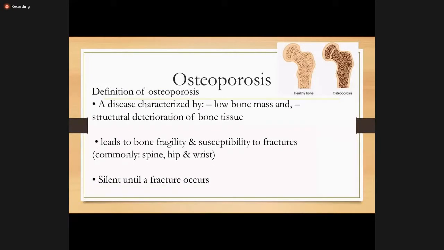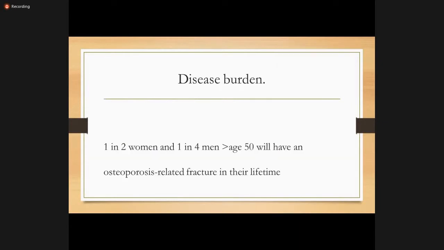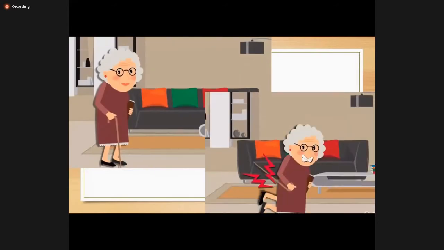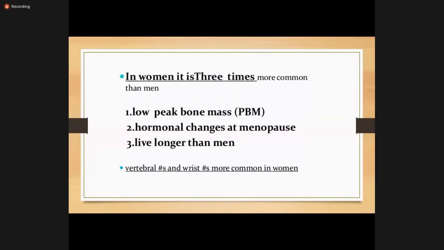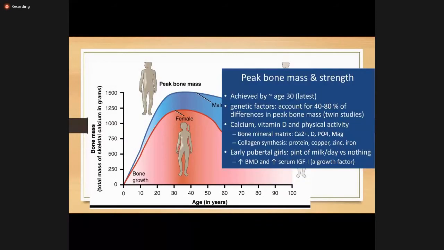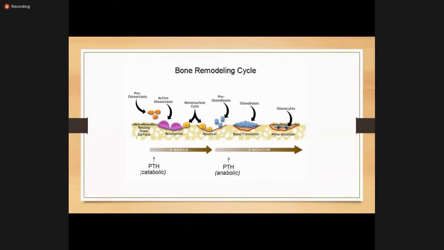Basically, osteoporosis means porous bones, which are more fragile and more susceptible to easy fractures, commonly of the spine, hip, and wrist. If you define osteoporosis by DEXA scan or bone densitometry, we had already discussed all these. We had discussed the process of bone remodeling.